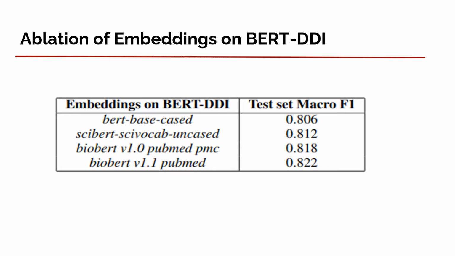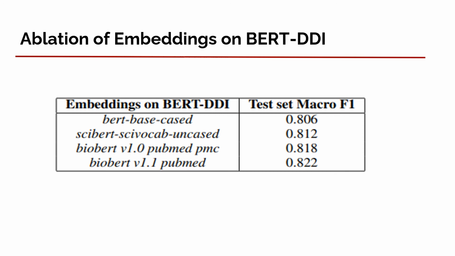First of all, we can see from this ablation analysis, using only the textual information and the entity specific information, this is the test set macro F1 score.